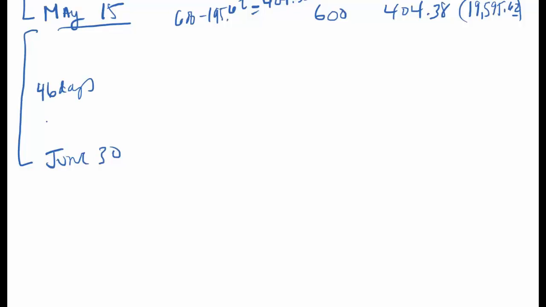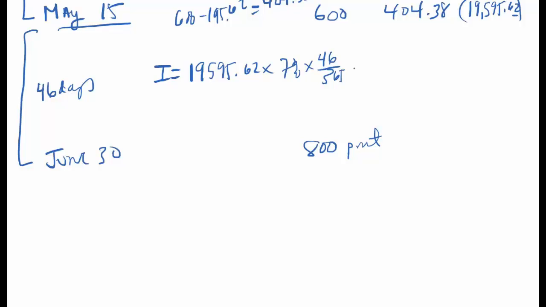I know that on June 30th there's a payment of $800 made. However, interest builds up between those 2 dates, so I need to calculate the interest between them. I equals PRT again: 19,595.62 times the interest rate, which is still 7%, for 46 days out of 365.